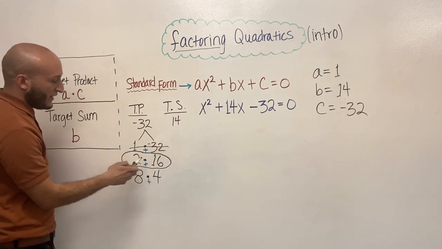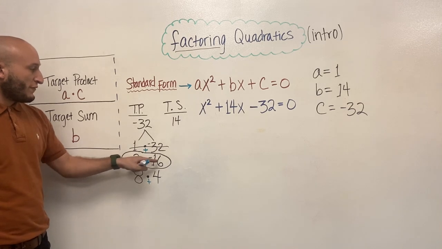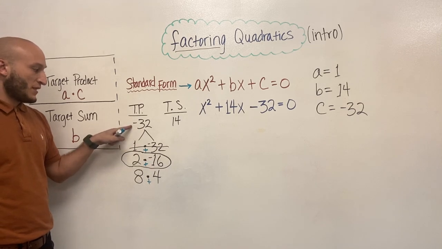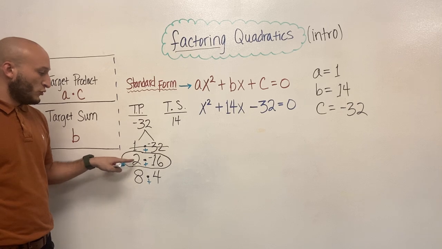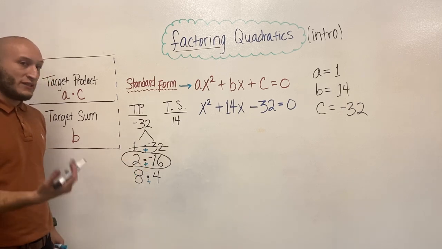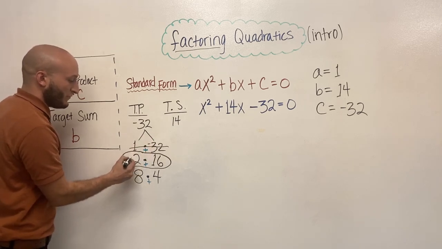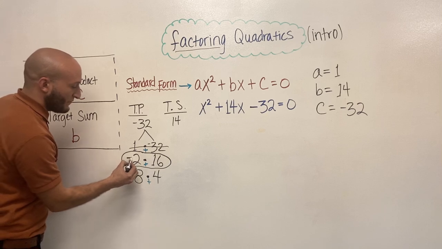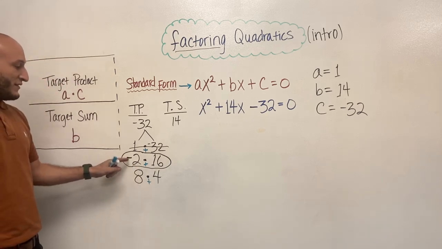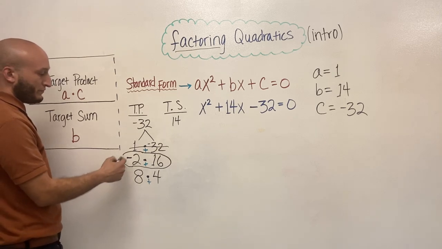Now let's say you gave the 16 a negative first. It would work for my target product, but once I add them, 2 plus negative 16 equals negative 14. So it's really close. All I have to do is switch the sign. That is why I leave the sign last.